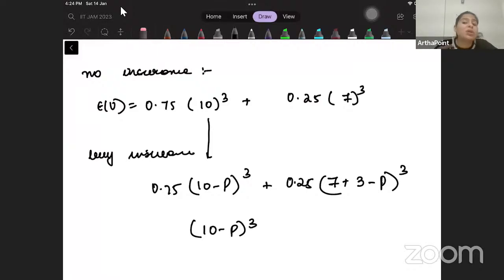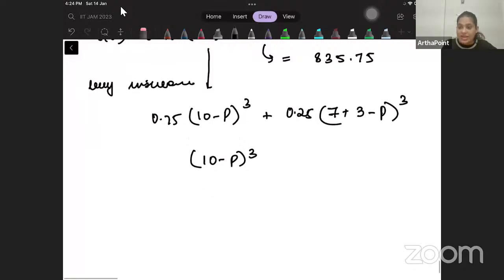What is the maximum premium I can pay? When my expected utility in both the situations is the same. यहाँ से expected utility की value I'm getting 835.75. So I can pay a maximum premium when the two are equal to each other.